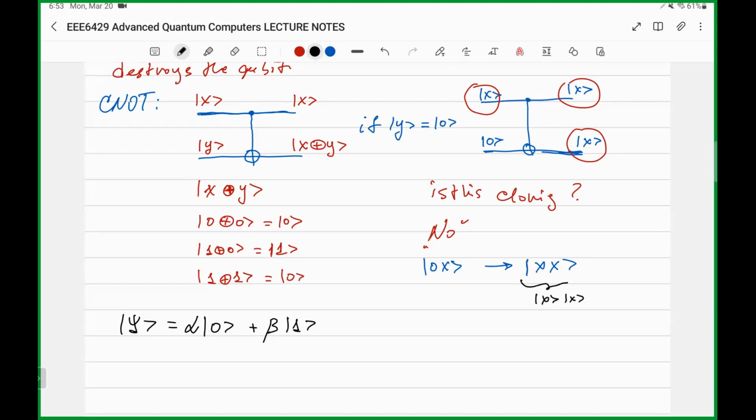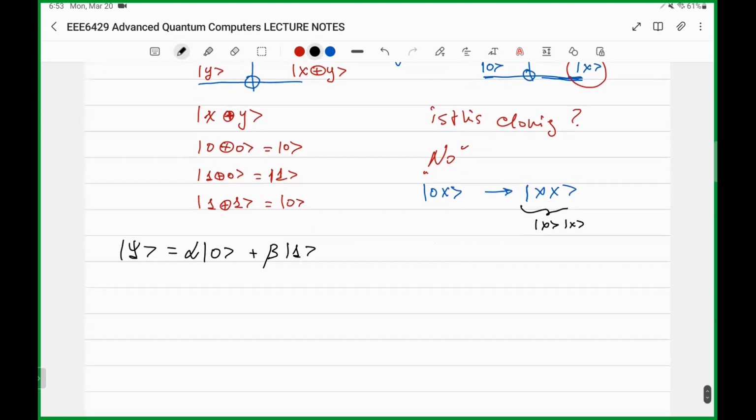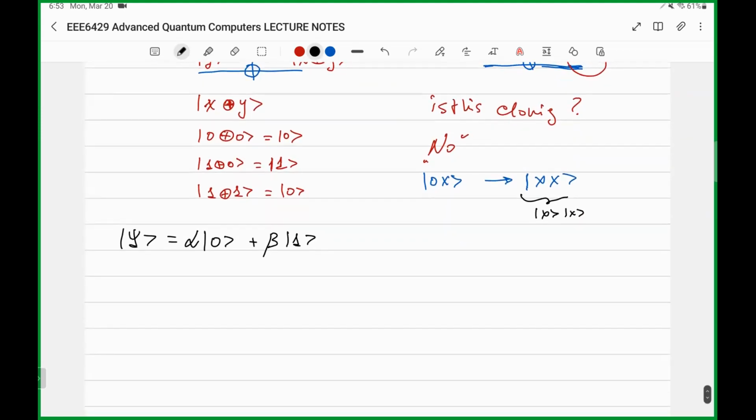So it looks like a cloning of state x. But I'm going to demonstrate to you that it doesn't work for the state of an arbitrary qubit like this one.